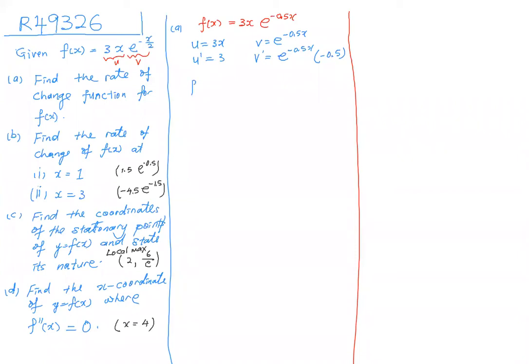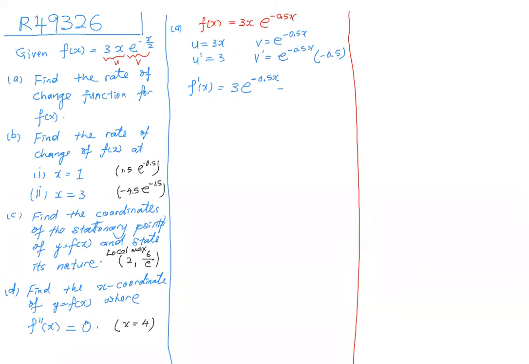I got 3e to the power of negative x over 2. Okay, negative x over 2, negative 0.5x. That's all? Minus, okay.